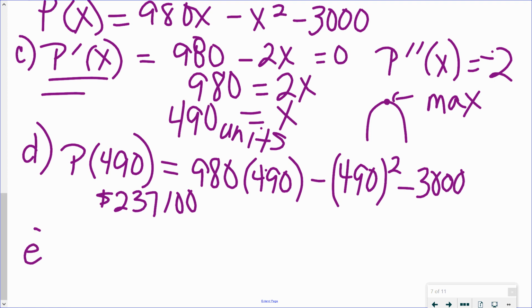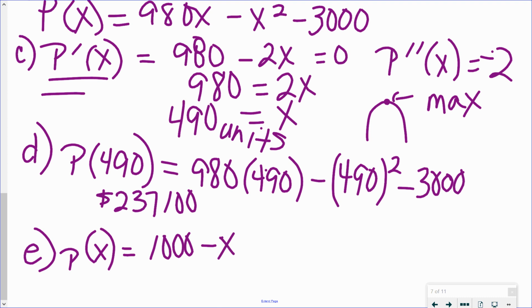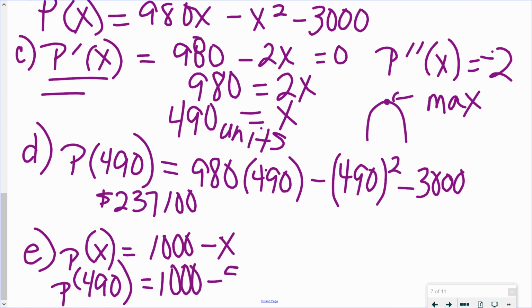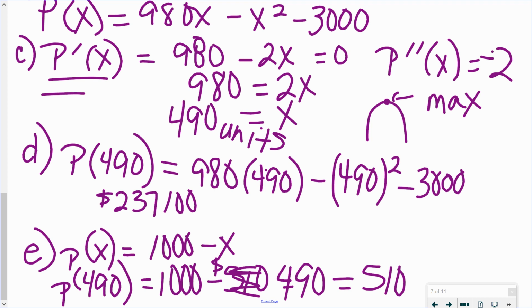And part E, use the price function that was given to us, lowercase p of x, that was 1,000 minus x. So when we plug into that, we have lowercase p of 490 is 1,000 minus, I'm sorry, minus 490, getting ahead of myself, which is 510. So $510 is the price that we are going to charge.